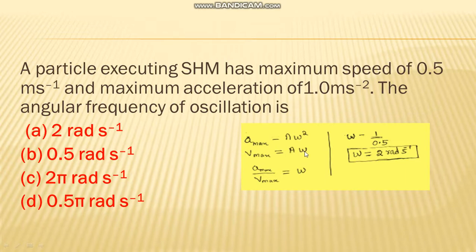We want angular frequency, so I don't want A here, and I will divide these two equations. Then you get omega square by omega, so one omega cancels and you get omega. a maximum is 1 meter per second square, v maximum is 0.5 meter per second. When I substitute that, we get omega is equal to 2 radian per second. So our answer is A.